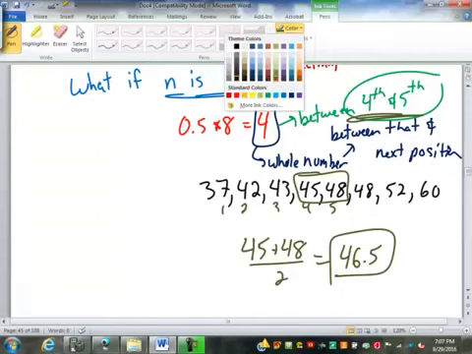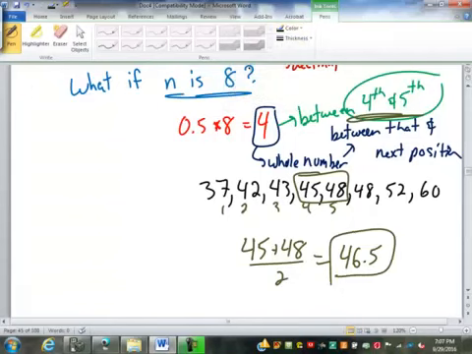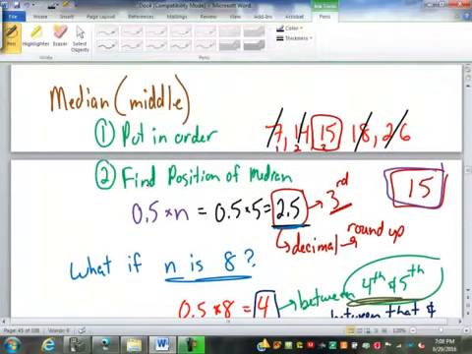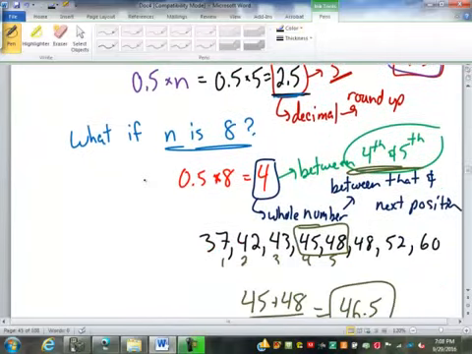If they were both 45, they're both the same, so what's between them is just itself. So that is the median, the middle number. Again, it wouldn't be too much work to just cross off the smallest and largest, smallest and largest. You end up with 2 numbers in the middle instead of 1. You're just going to average them together.